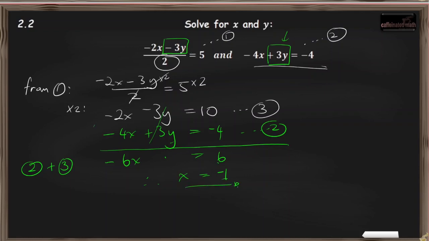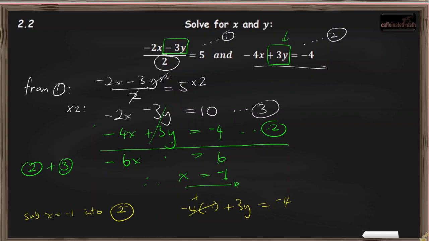Then we can use equation number 3 or equation number 2. So we'll sub x equal to negative 1 into, why not 2? So that means we'll have minus 4, do our substitution into x, times minus 1 plus 3y being equal to minus 4.